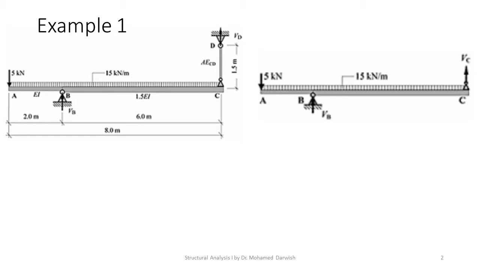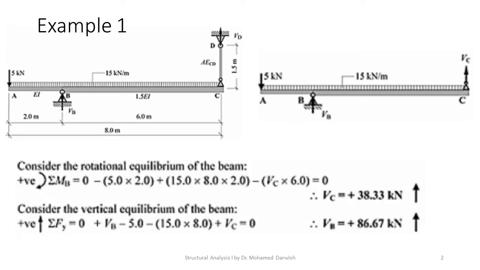So you will simply remove CD and place a force called VC, representing the vertical force at C. So, the values will be very simple. If you take a moment at B, you will be capable of calculating VC, which is, by the way, actually equal to VD.